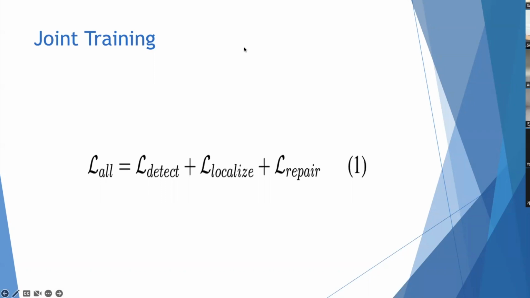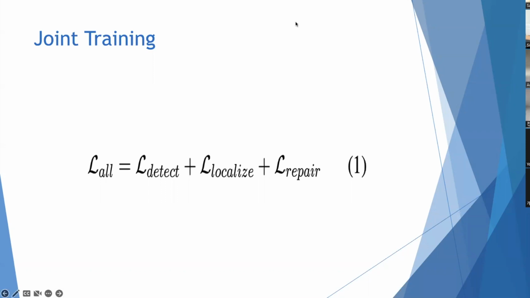There is one question in the chat box. It says why the authors have used just the CodeT5 as the foundation model. The reason may be because they are using both the encoder and the decoder, and the CodeT5 enables code generation, whereas the other one does not use the decoder part.